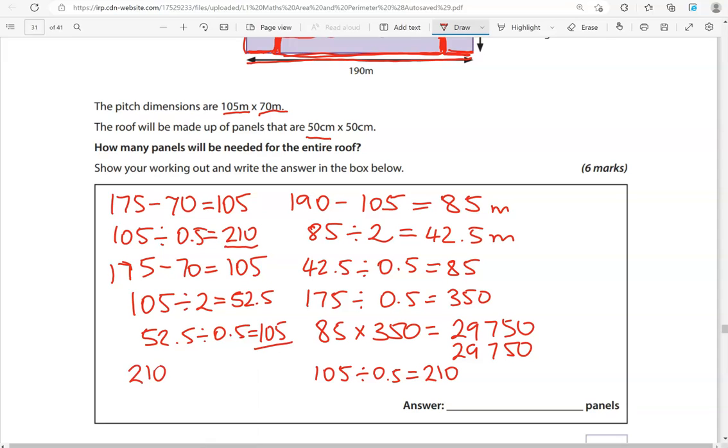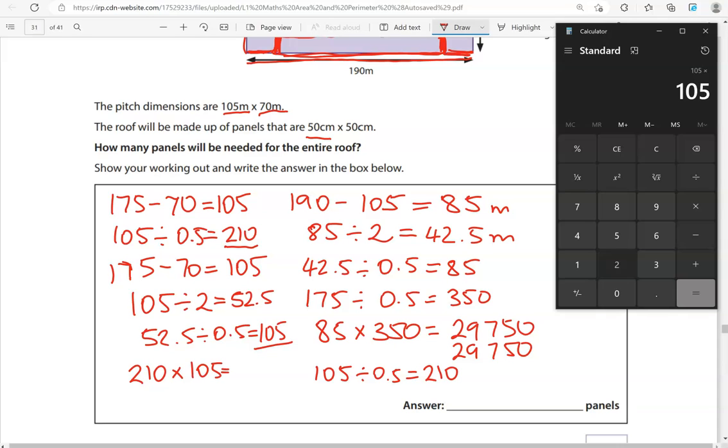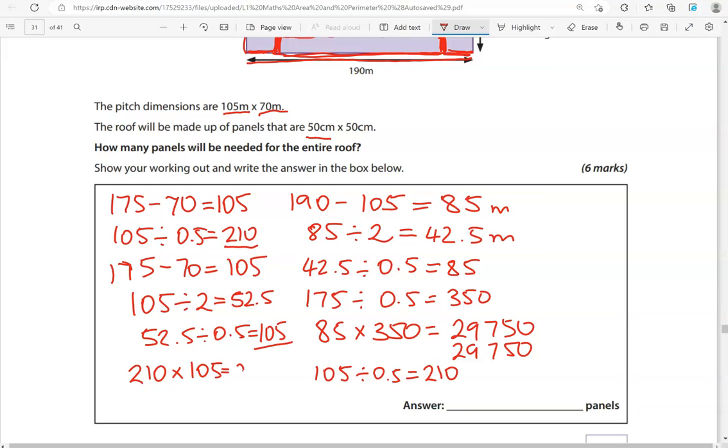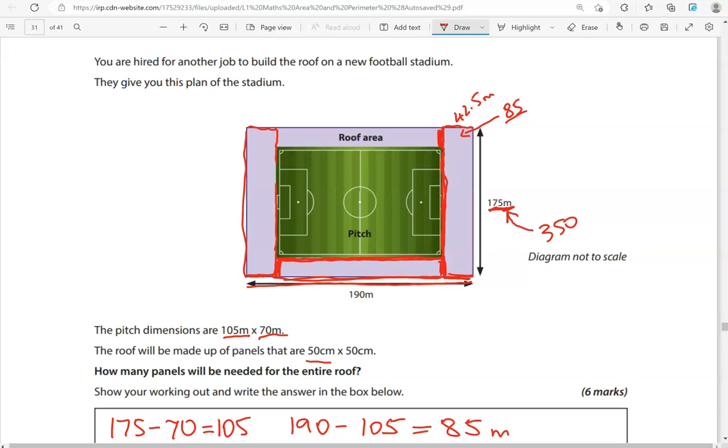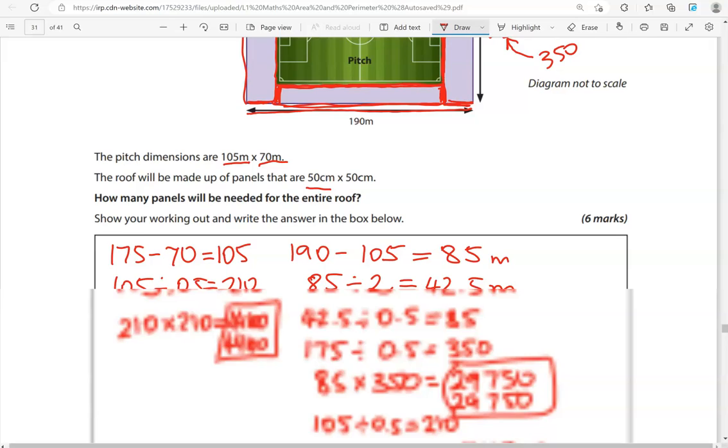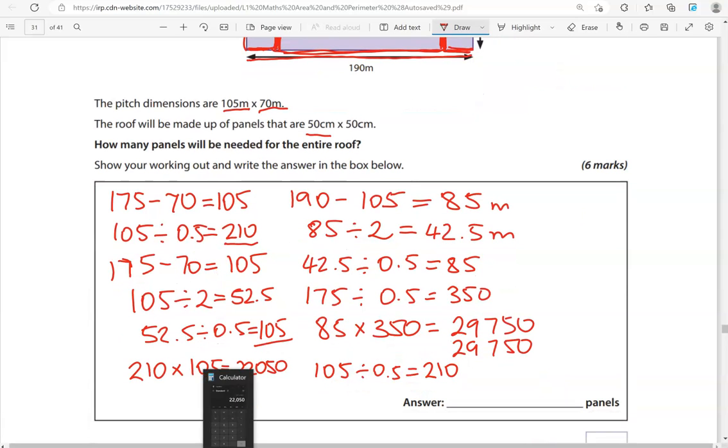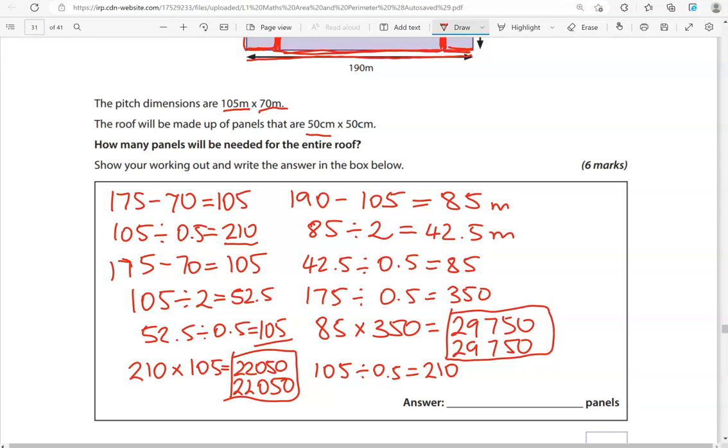So 210 times 105 gives us 22,050 panels. And of course this rectangle here is identical to that, so we're going to add another 22,050 to these two lots of 29,750.